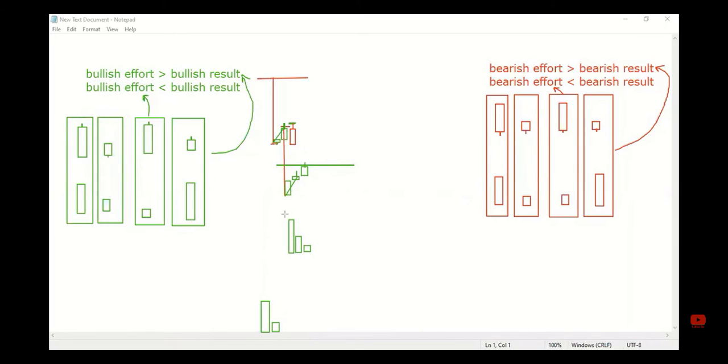So these two are valid, but these two situations are not valid, because this candle is still a weak candle, but volume is high here, this strong candle, then this one volume is low here, and the resistance level is this one.